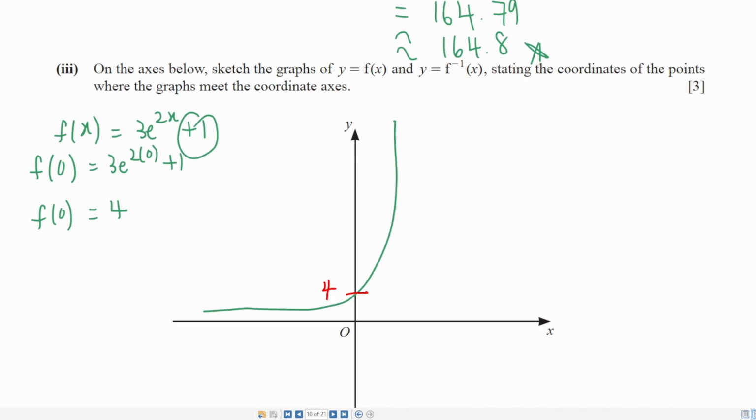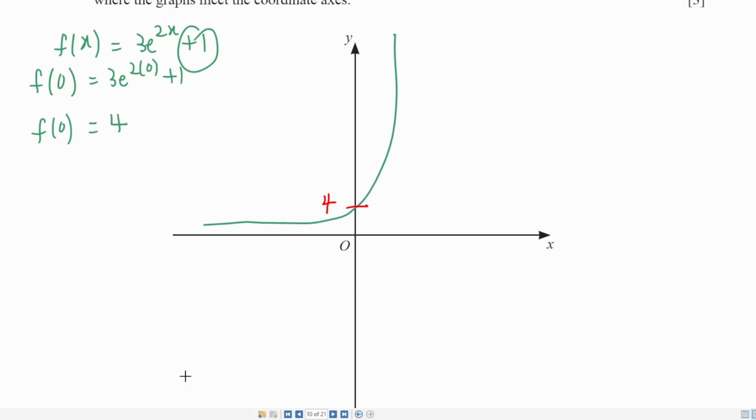So this is just 4, and now we actually have to draw an inverse of a function. An inverse of a function is basically the function reflected in the line y is equal to x. So let's draw a straight line here, and let's label this line as y is equal to x. So how are we going to reflect this graph so that we can find the inverse?